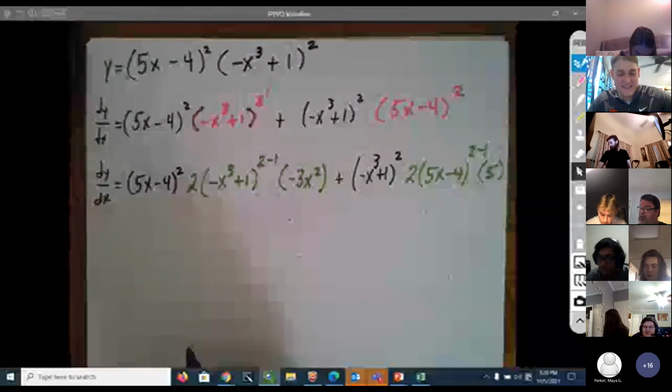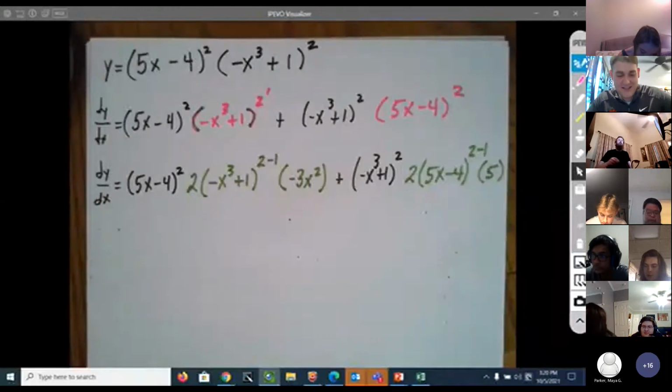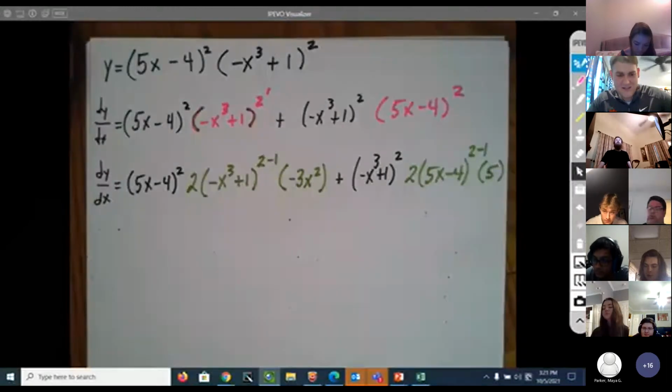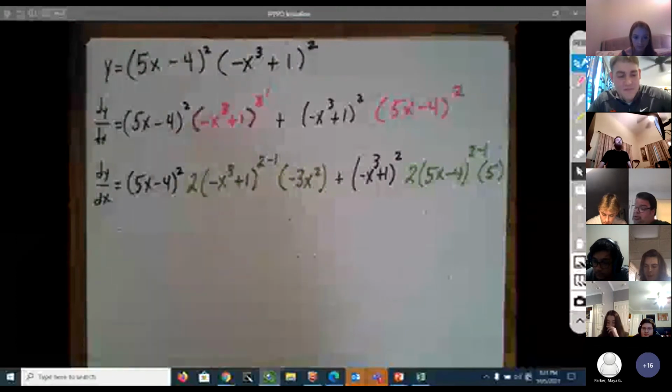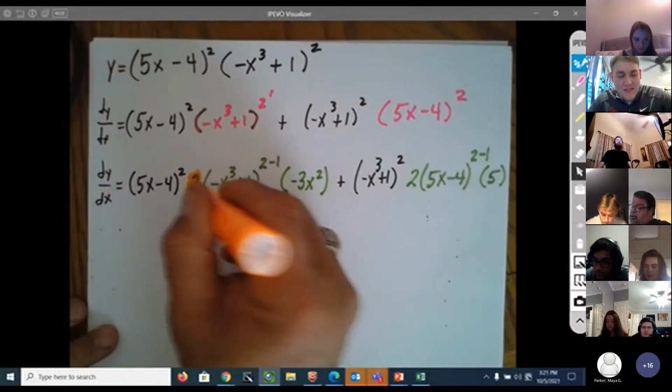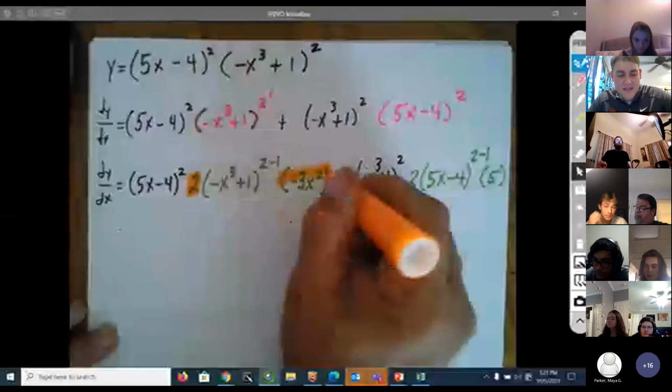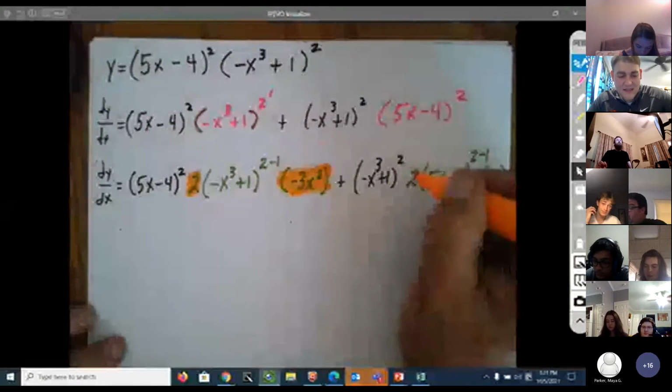All right, so the 3 and the 2, I'm going to highlight those in orange. Those two can be put together, and these two can be put together.